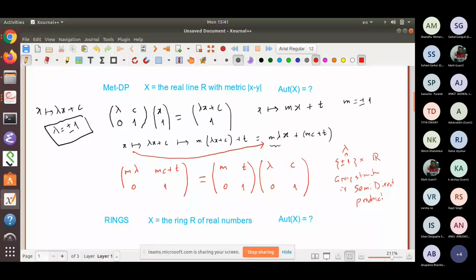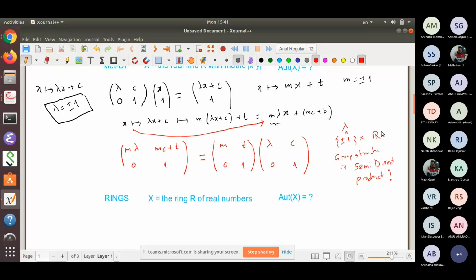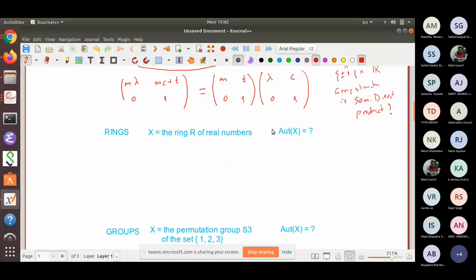Yes. So this is a semi-direct product. In your algebra course, perhaps you'll learn about semi-direct products by action. So this automorphism group of the metric space real line is the semi-direct product of this with this. Translations are going to form a normal subgroup, and plus minus 1 is the quotient group acting on translations by minus 1. Okay.